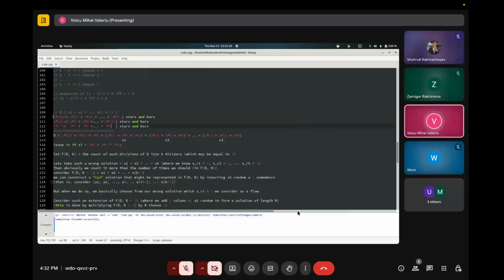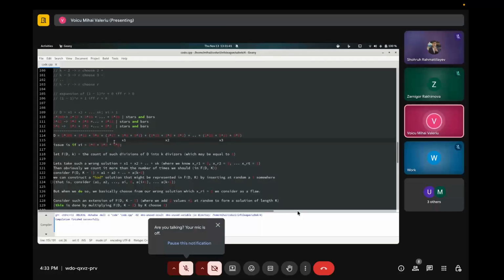And then 3 to the power of 12, we split it like whatever. 5 to the power of 6, we split it like whatever. And then we multiply column by column to get the final solution. So this is what we do with the stars and bars.